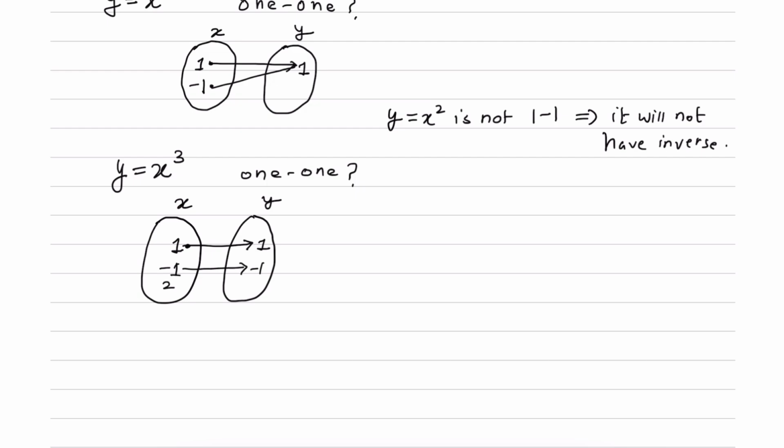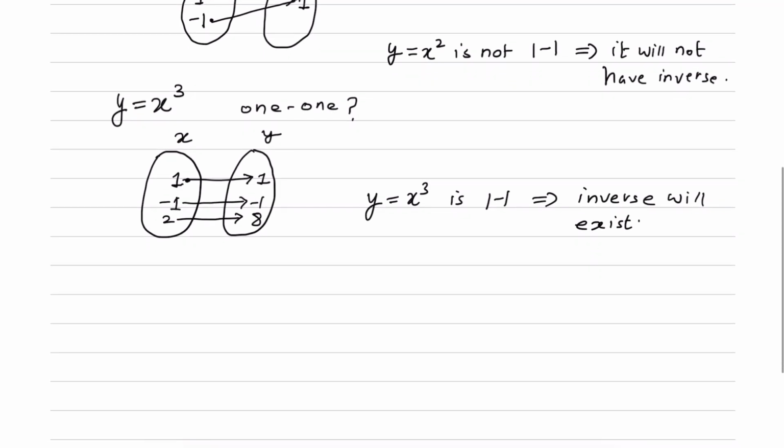When we take 2, the answer is 8. So it looks like y equal to x cube is 1, 1, so its inverse will exist. So this is settled: if a function is 1, 1, it will have an inverse. If it is not 1, 1, it will not have an inverse.